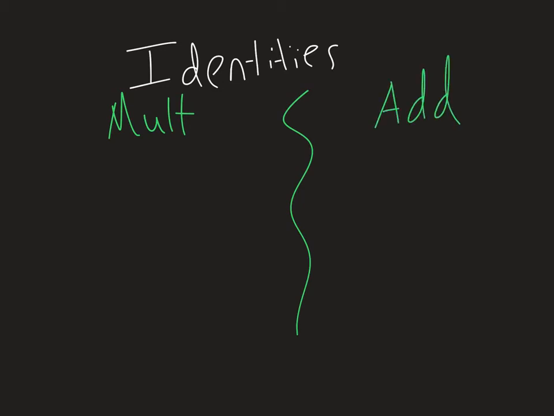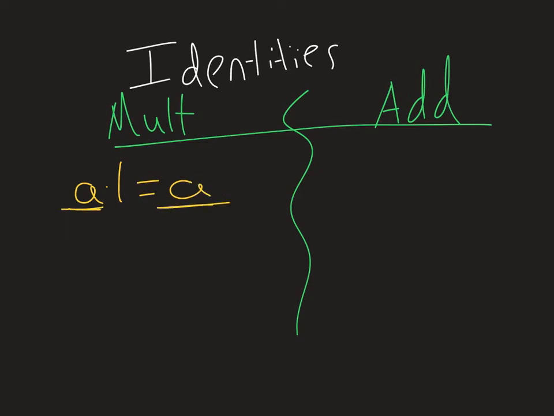So let's talk about the identity properties. Now in this case there are two types. There's multiplicative and there's additive. So for multiplicative, A times 1, anything times 1, is itself. The identity comes from the idea that I didn't change anything.